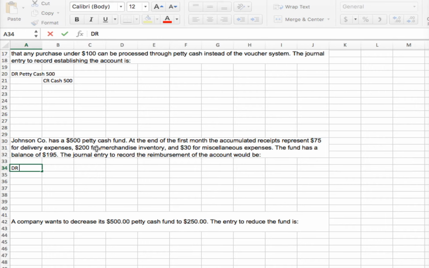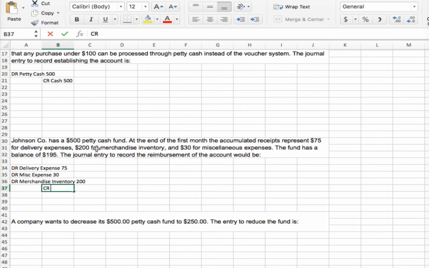We have a debit to delivery expense, 75, a debit to miscellaneous expense, 30, and a debit to merchandise inventory for 200. Okay, so those are all my debits, and then the credit is going to be to cash for that amount, which you can see 200 plus 30 plus 75 is $305.